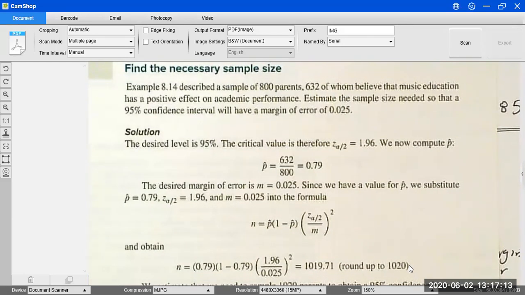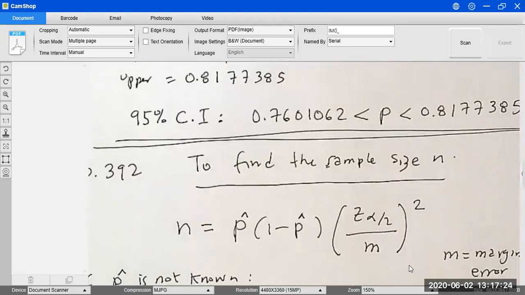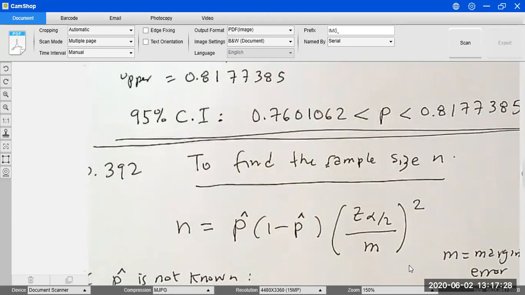Estimate the sample size needed so that a 95% confidence interval will have a margin of error of 0.025. So we want to know how many people we need to survey to get a margin of error of 0.025. So let's write this down.